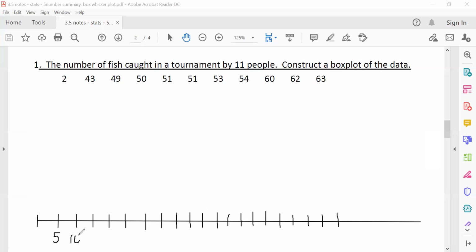We're counting by 5s. This comes up to 100.